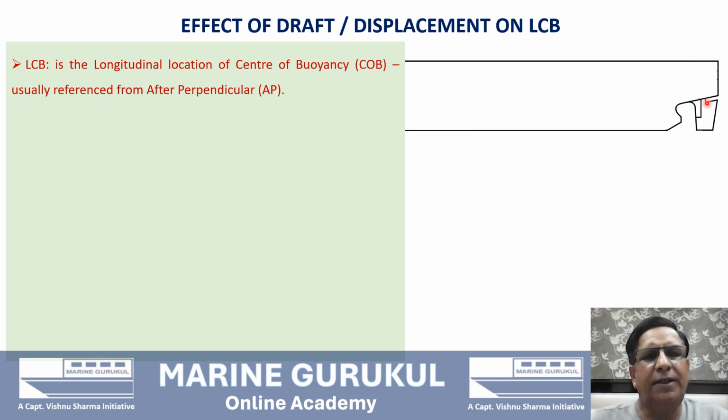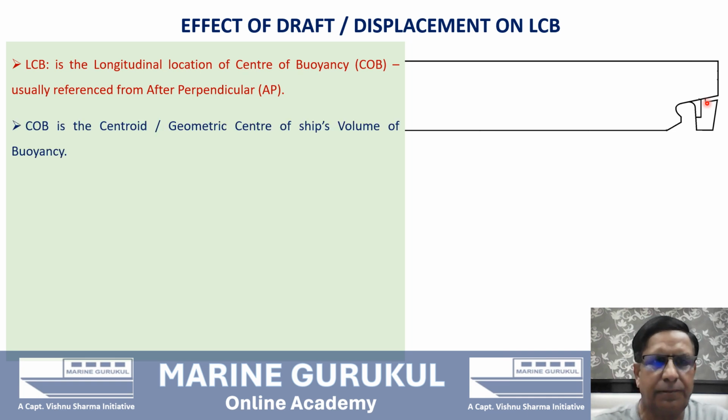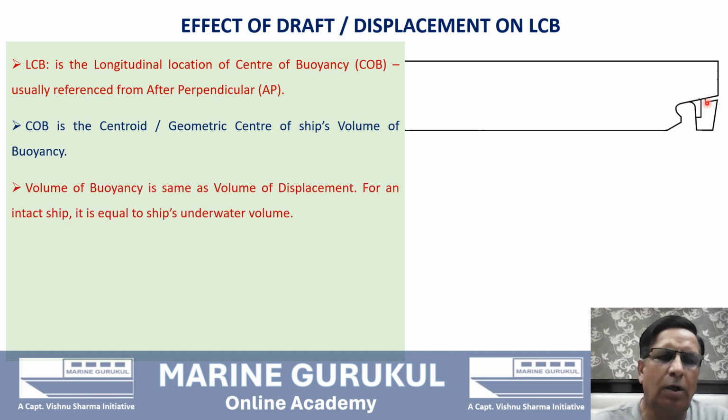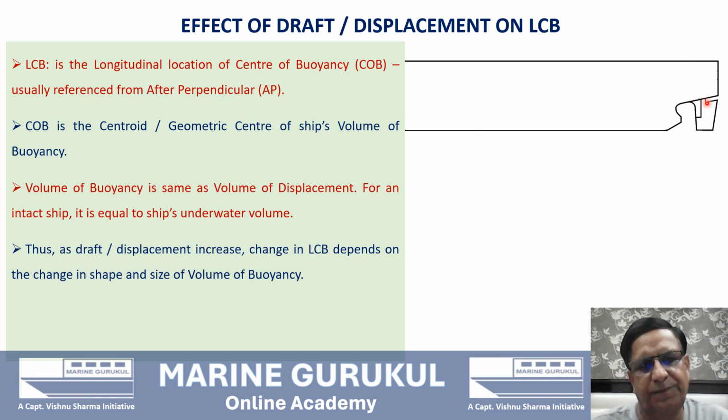So LCB is the longitudinal location of center of buoyancy, usually referred from after perpendicular. COB is the centroid or the geometric center of the ship's volume of buoyancy. Volume of buoyancy is same as volume of displacement, and which is for an intact ship same as underwater volume.